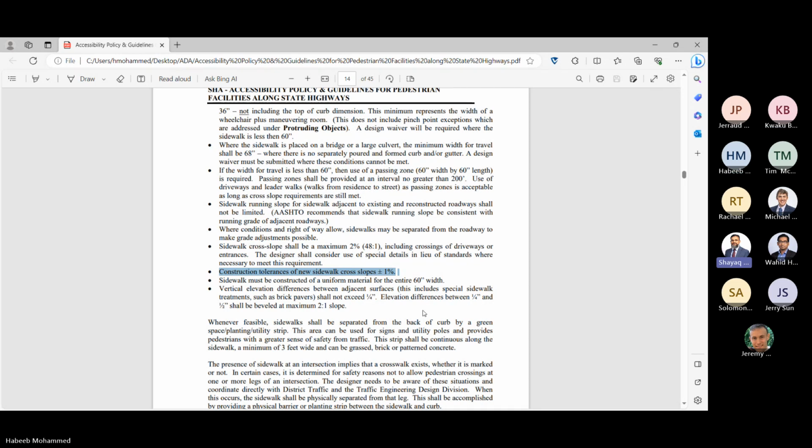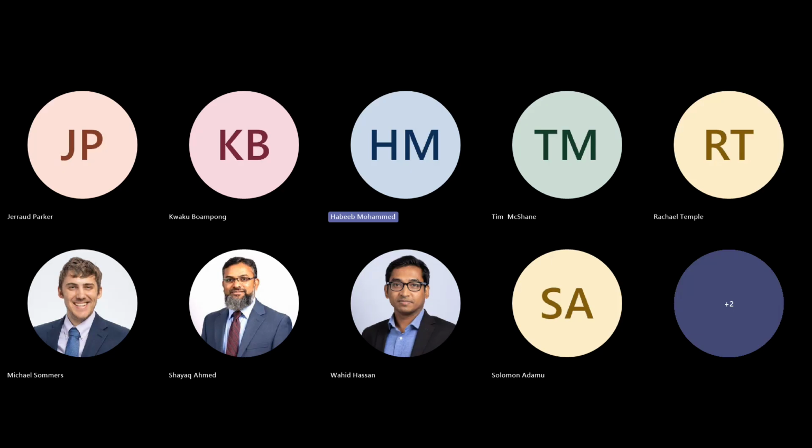Yeah, it depends on the client too. But if SHA is going to review it, they will not approve it if it goes above and beyond. So anyway, let's move on to the next one.